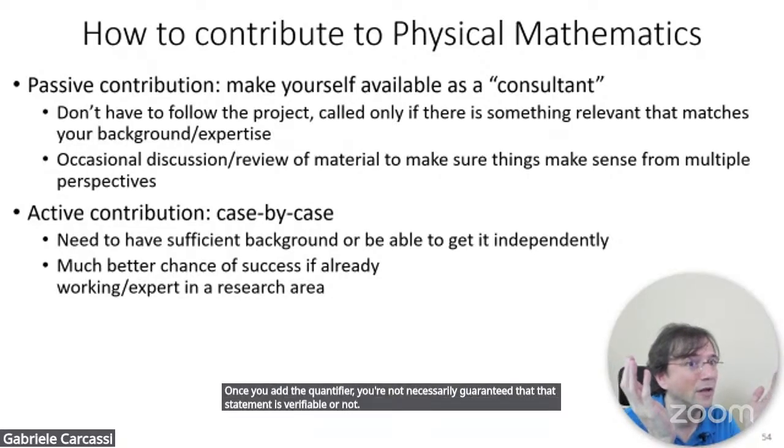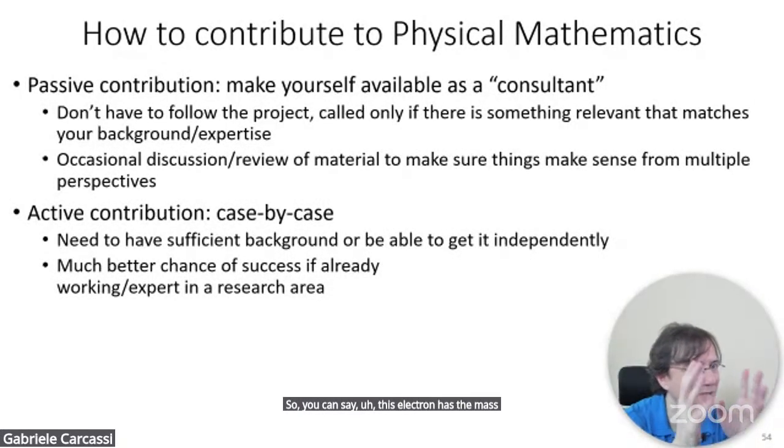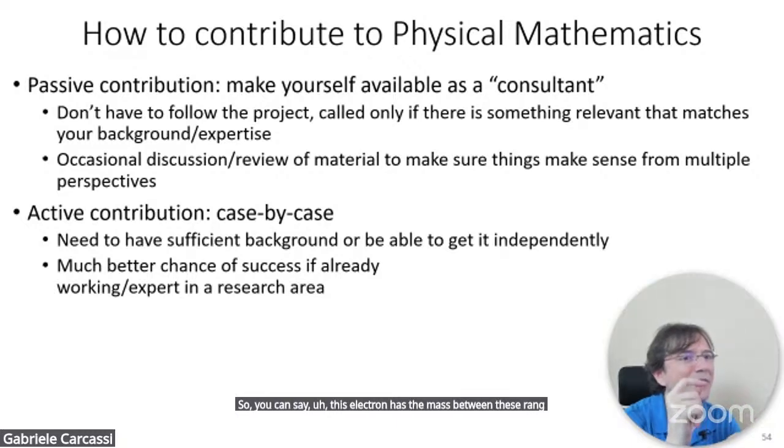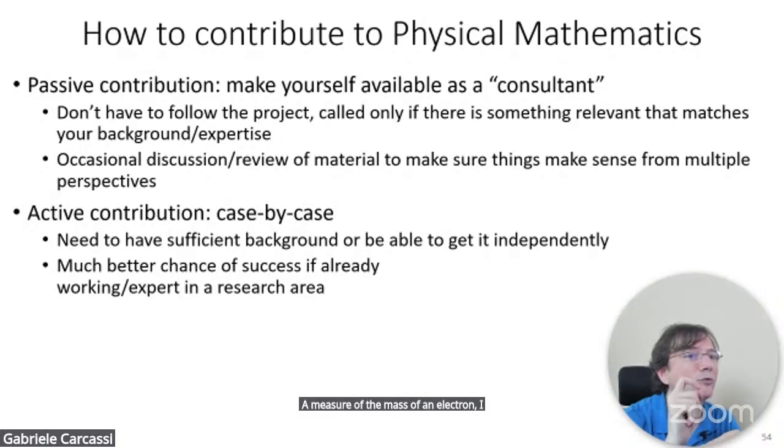So you can say this electron has a mass between these ranges, but then saying, since I know how to measure the mass of an electron, I know how to measure the fact that all electrons have the same mass, that's a leap. It's completely different.